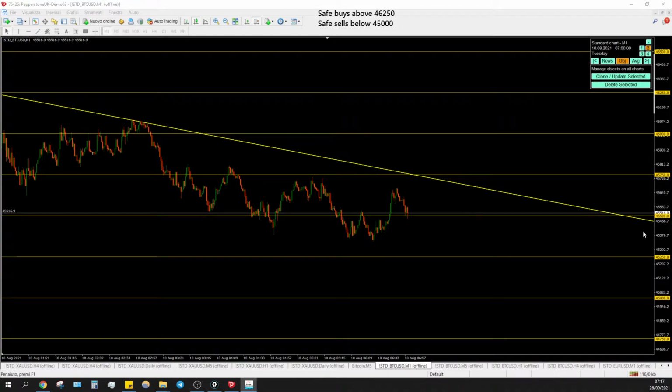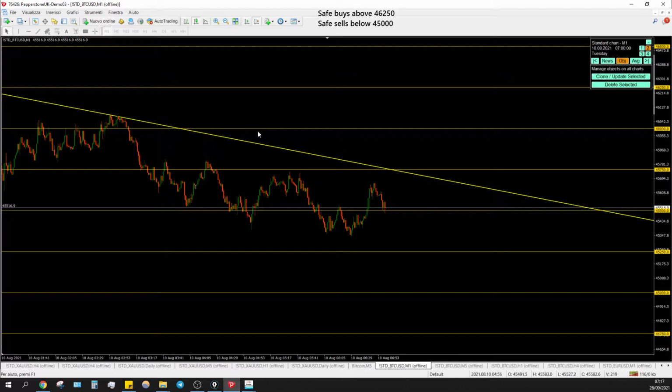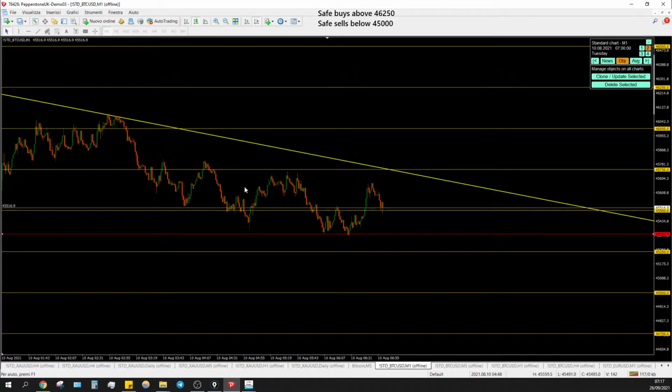So we're going to start. So we outlined the analysis, the trade ideas. Of course, let me just chart them out here. So this would be a buy at about 45,750, and sells on a break and retest of 45 to 50.